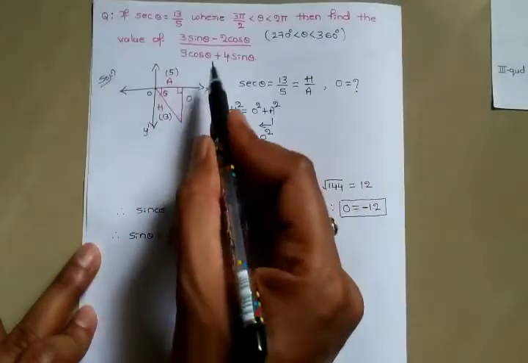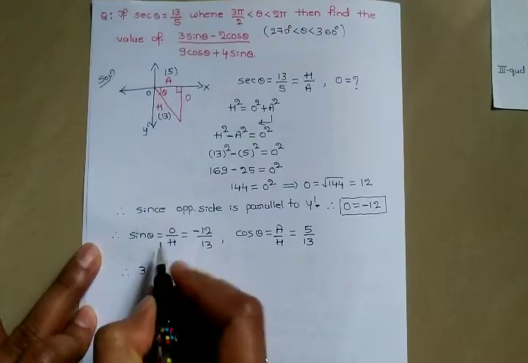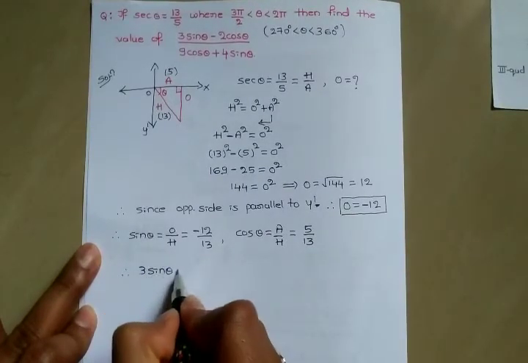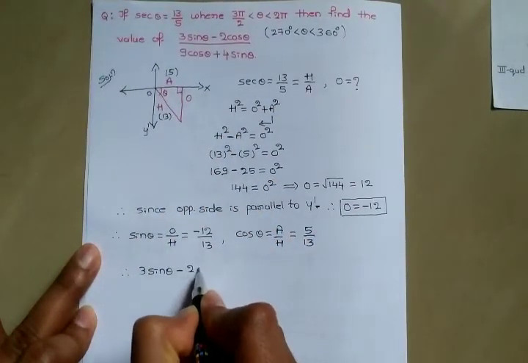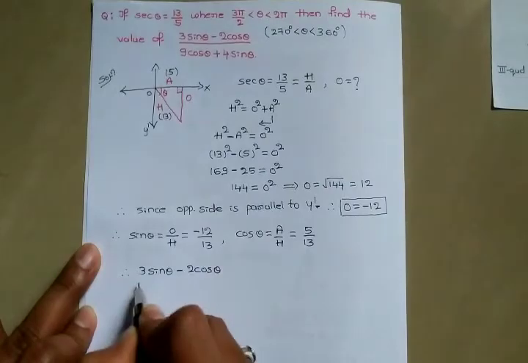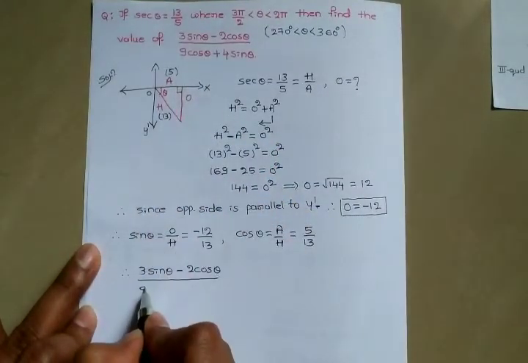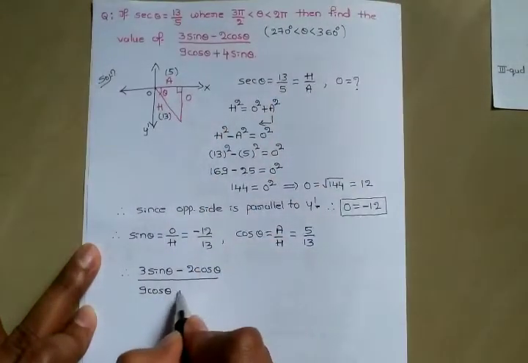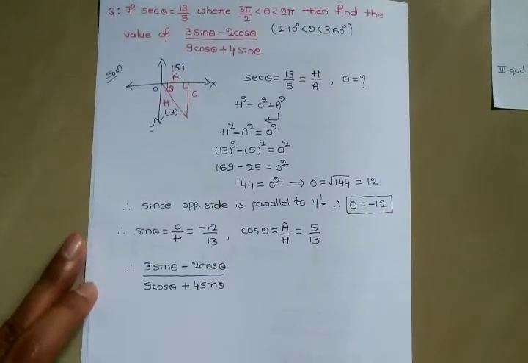Now take this expression, because you need to find this value. First is 3 into sine theta minus 2 into cos theta, divided by 9 into cos theta plus 4 into sine theta. Correct.